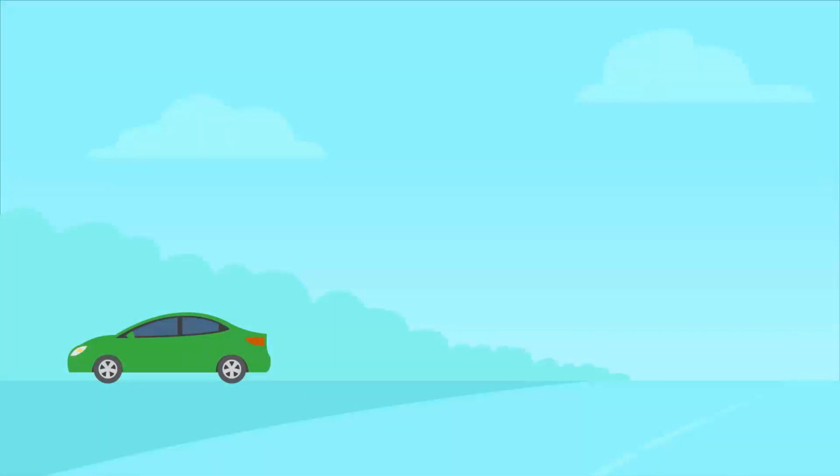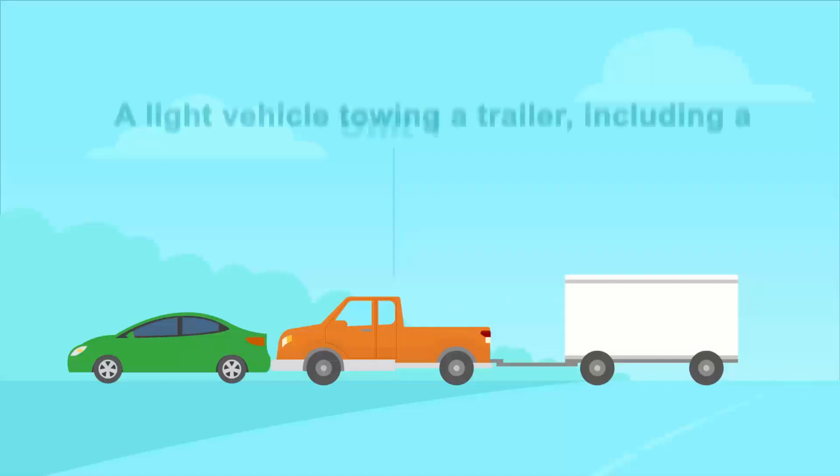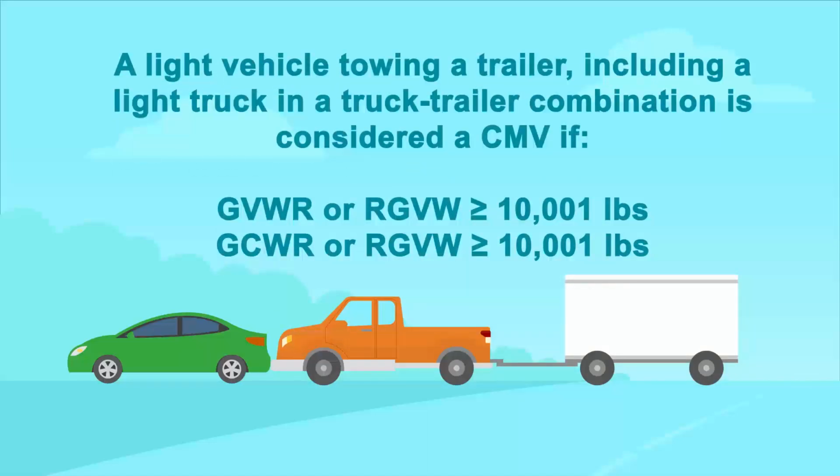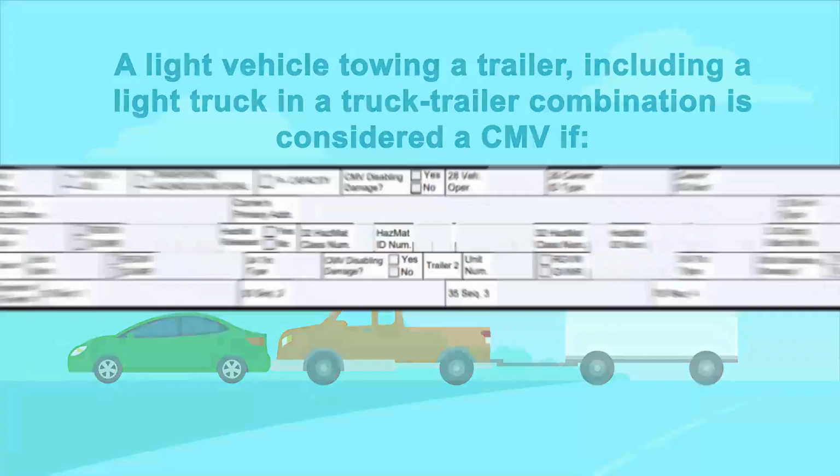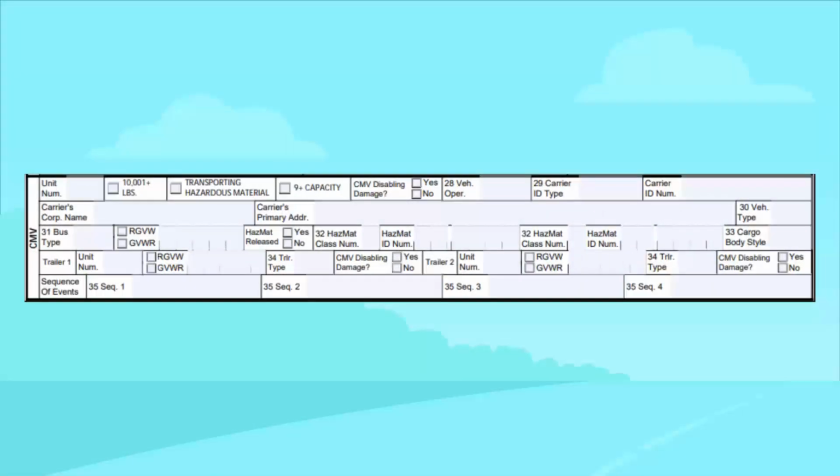In the previous example, consider that Unit 1 is a light vehicle towing a trailer, including a light truck and a truck-trailer combination, instead of a truck tractor. The truck trailer is considered a CMV if the gross vehicle weight rating or registered gross vehicle weight is 10,001 pounds or more, or any combination of vehicles is 10,001 pounds or more, and the CMV section should be completed.